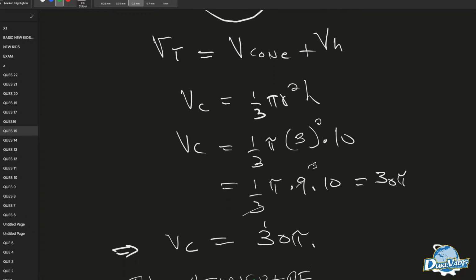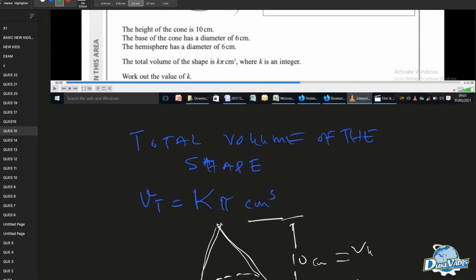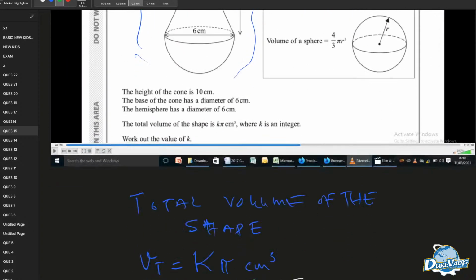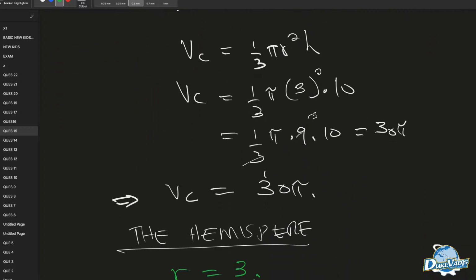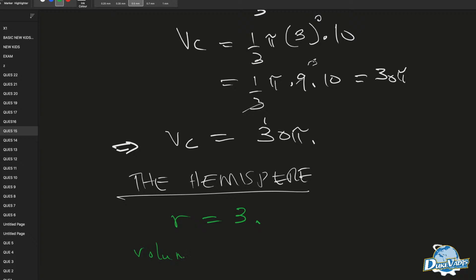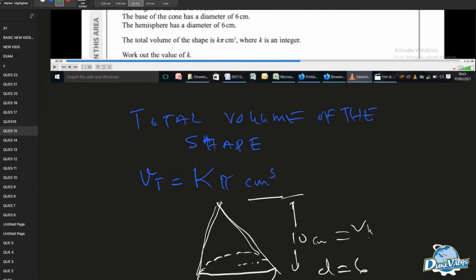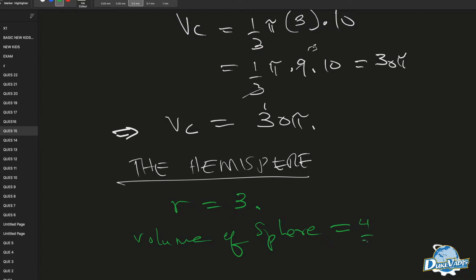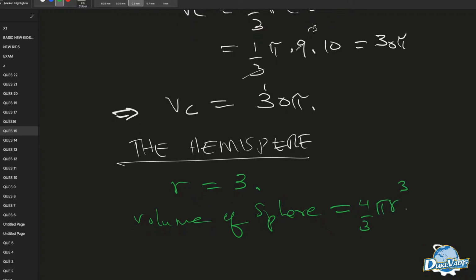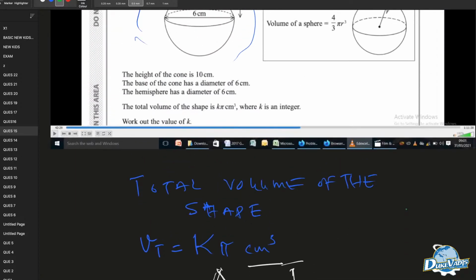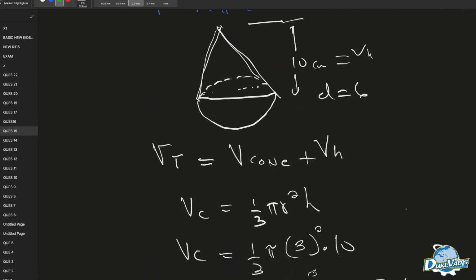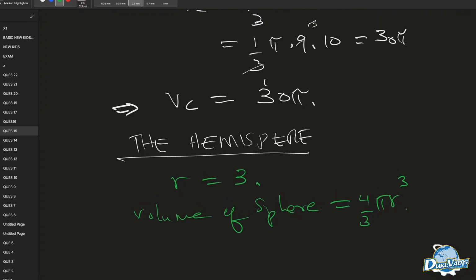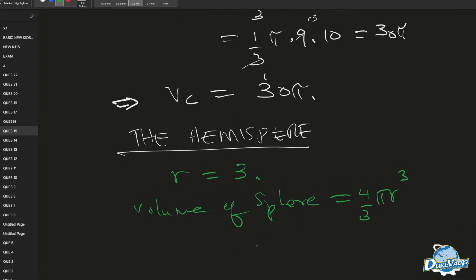And we know that formula: we've been given the volume of a sphere to be 4 over 3 pi r cubed. If this is a sphere, this is our sphere.